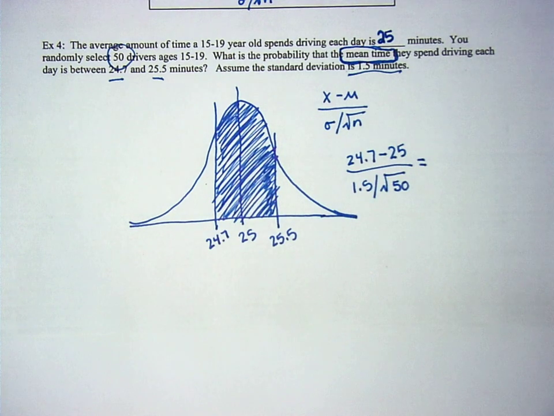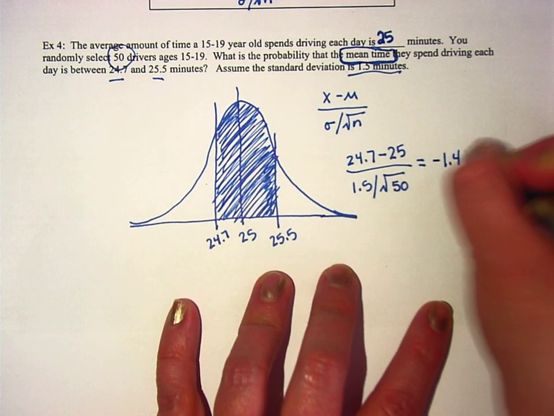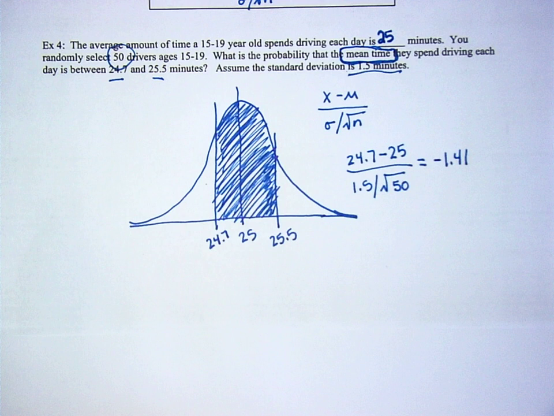When you put this in your calculator, make sure the top and the bottom are in parentheses. Yep, negative 1.41. What else do we need to do?